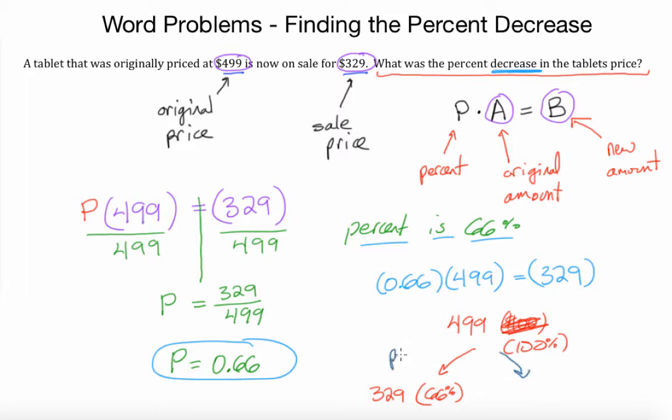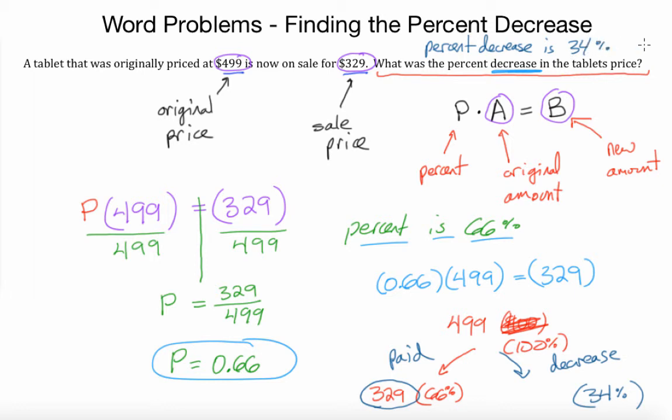So this is what I paid, but what did I decrease by? Well, I decreased by whatever 100 minus 66 is, which is 34%. So my percent decrease actually took off 34% of the price, and the remaining 66% was $329. So my percent decrease is 34%.